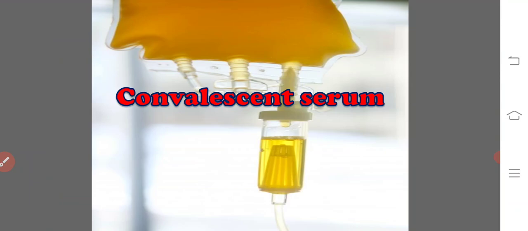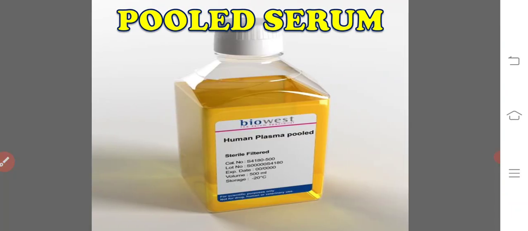Recently we have observed that corona was treated with this technique prior to the discovery of the vaccines. They collected the convalescent serum from COVID-19 recovered patients, and that was administered to COVID-19 patients. Coming to the pooled serum.